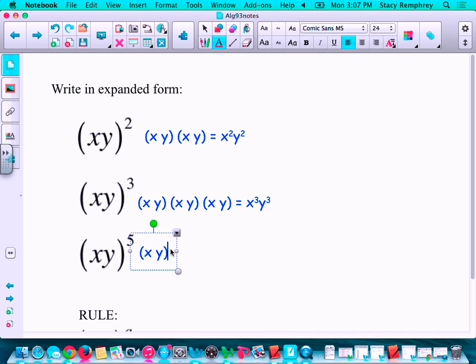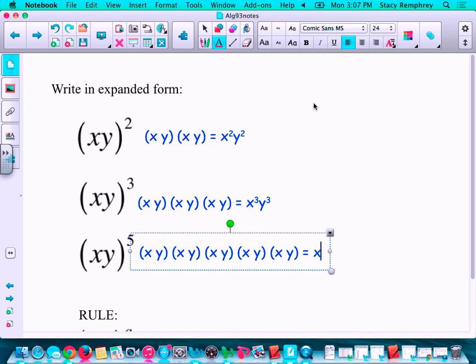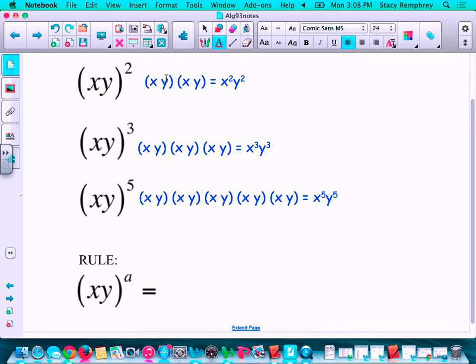And then over here, I have it 5. That gives me x to the 5th, y to the 5th. So again, looking at how we got this, we started with x, y quantity squared. It became x squared, y squared. Same thing with the cubes and the 5th. So our rule here is going to become x to the a.